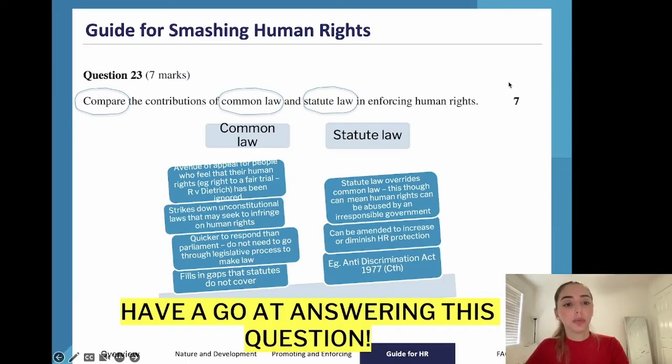Definition, I would say 1 mark, 0.5 is going to definition of common law, 0.5 is going to statute law. So that's 1 mark away. So now we're left with 6 marks. 3 would go to differences of common law, 3 to differences of statute law. Okay, that's how I would kind of split it.